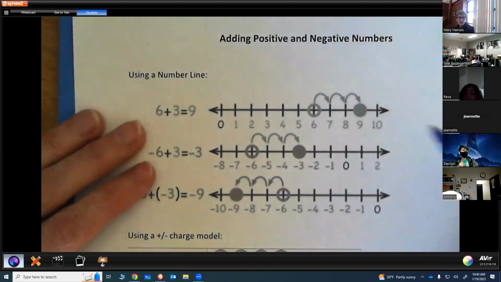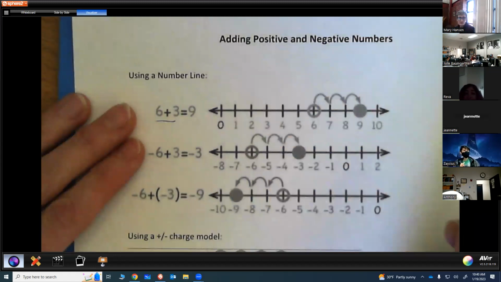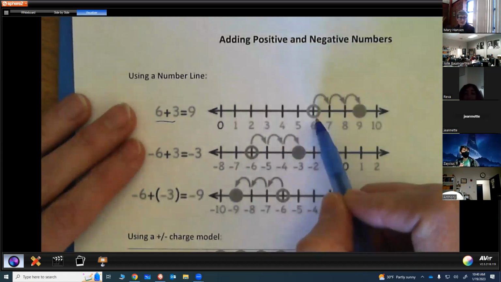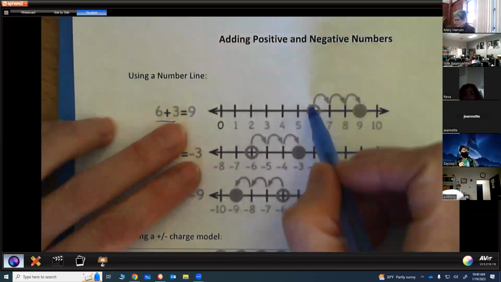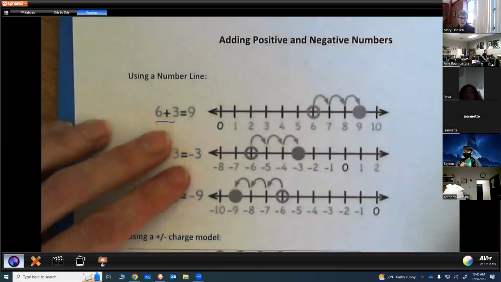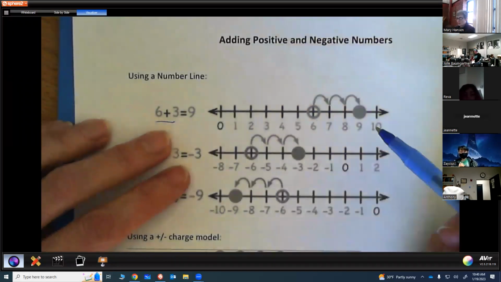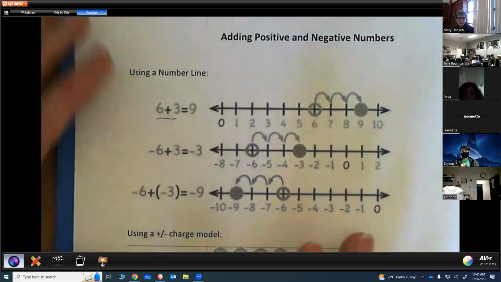So to use a number line, if we want to add 6 plus 3, we start at 6. And since we're adding a positive number, we're going to the right because positive numbers go to the right. We go to the right 1, 2, 3. And you can see that 6 plus 3 is 9, which you probably knew without a number line. It's when we start introducing the negatives that maybe it won't be so obvious.